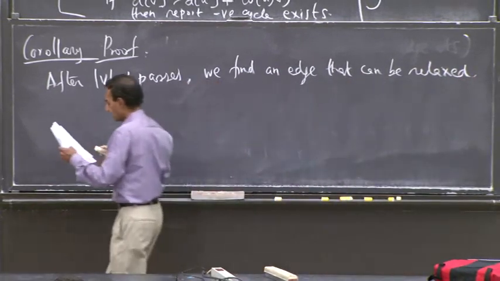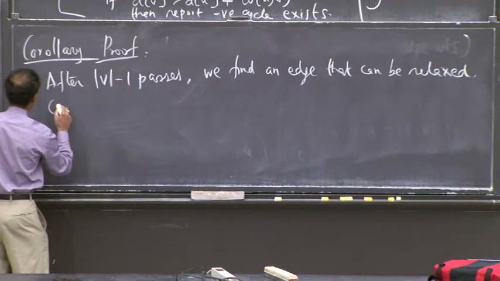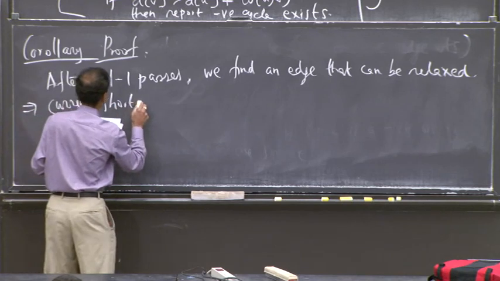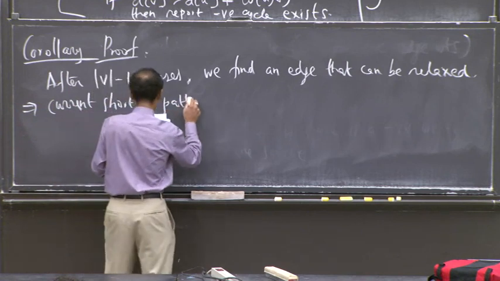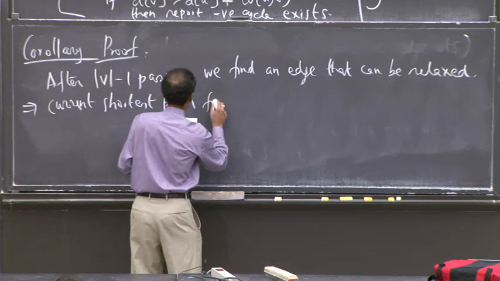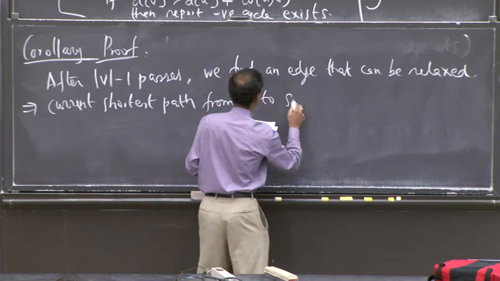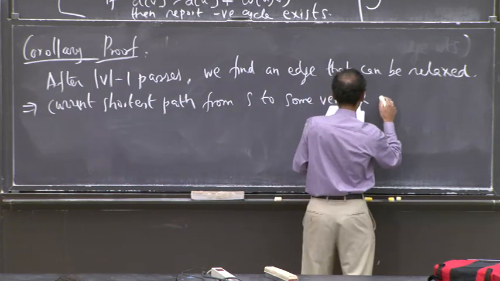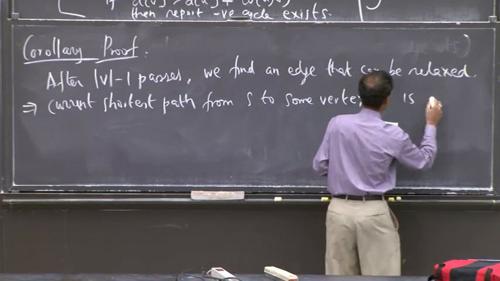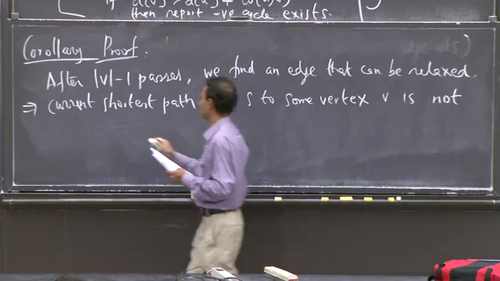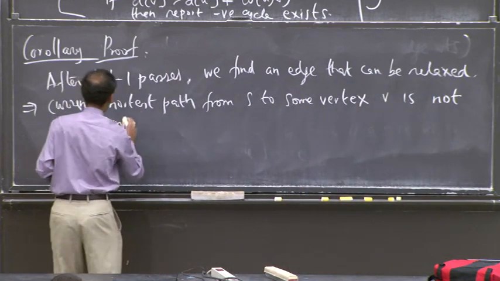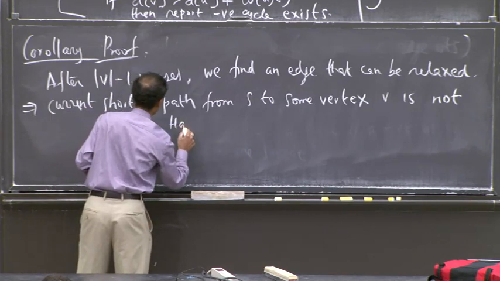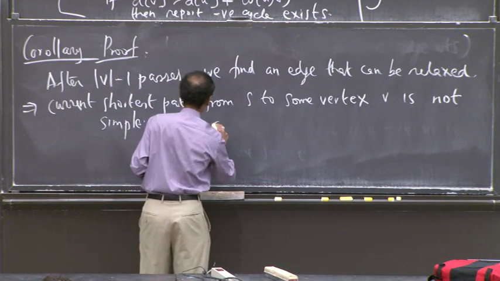Well, this means that the current shortest path from S to some vertex V, that is obviously reachable, is not simple once I've relaxed this edge, because I have a repeated vertex.